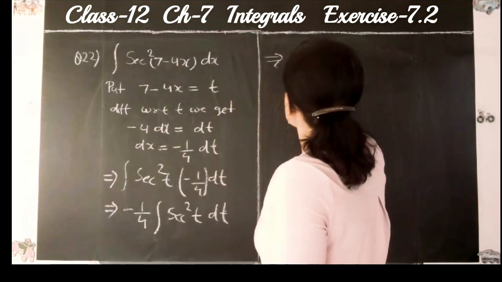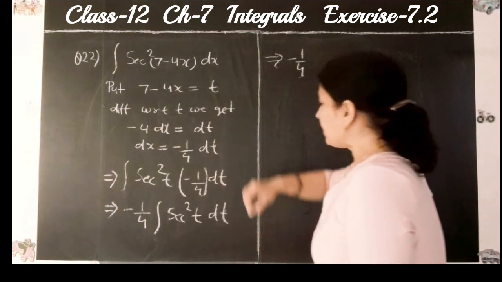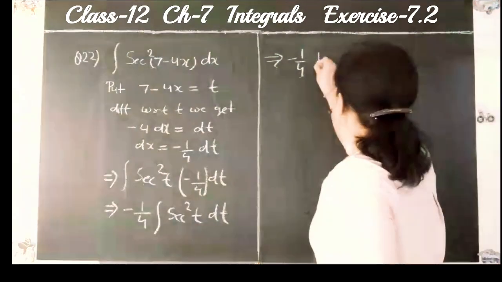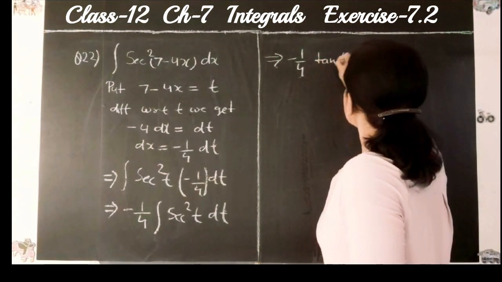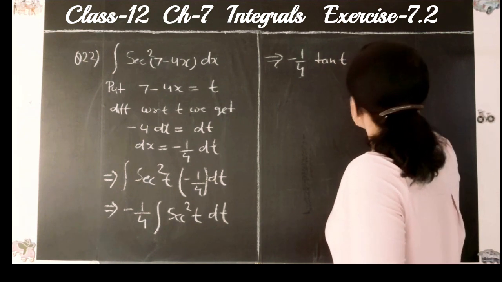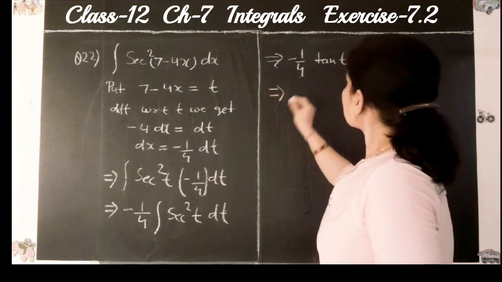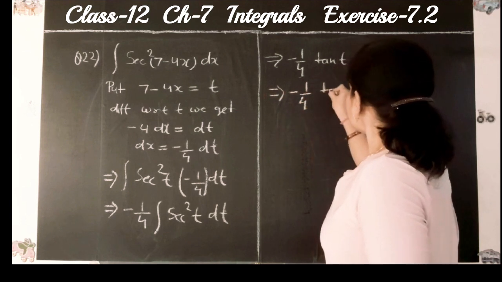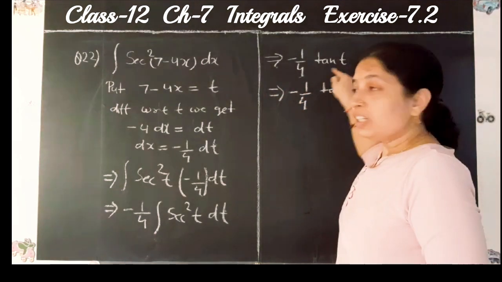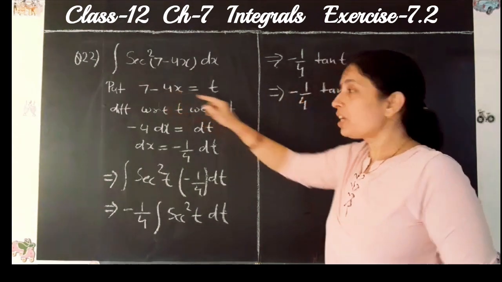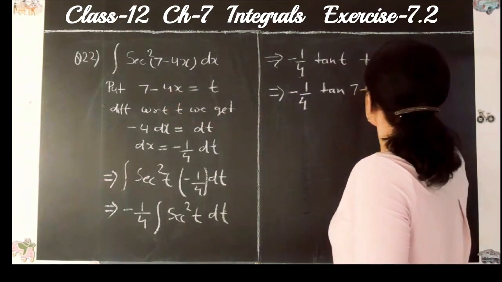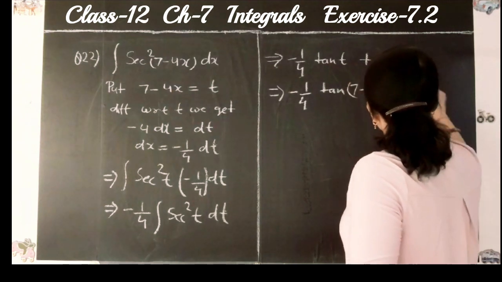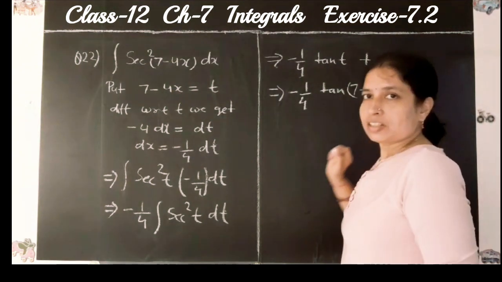So it will be minus 1 by 4, constant as it is, and integral of sec square t will be tan t. So right here tan t and a constant c. Then minus 1 by 4 tan, put the value of t is equal to 7 minus 4x. So write here 7 minus 4x and write this constant as it is. So this is your answer.